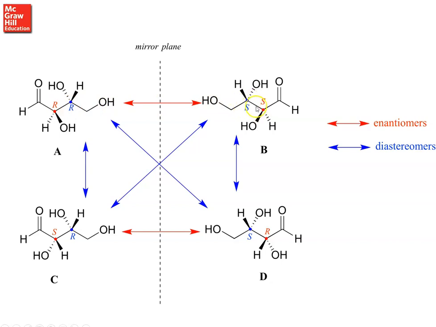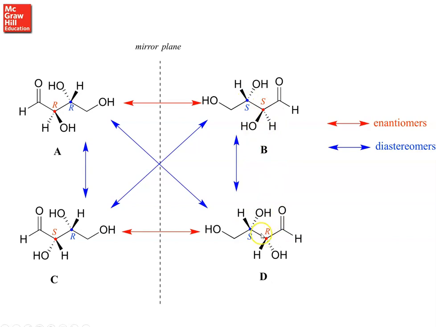Now, if we just change one of these, for example, this red chiral center turns from an S to an R, then what happens is these become diastereomers of each other. So they're non-mirror images of each other because one is the same, but then this other one is different.